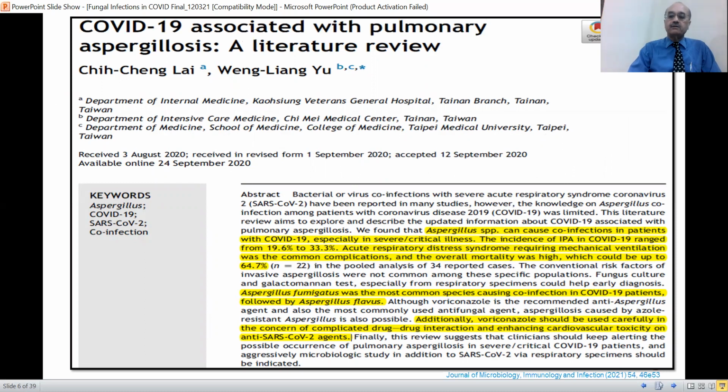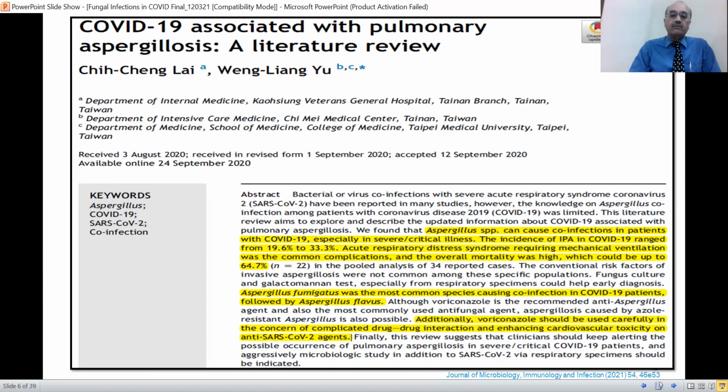It was found that Aspergillus species caused co-infections in patients with COVID-19, especially those who were severe or critically ill. The incidence of invasive pulmonary aspergillosis in these COVID-19 patients ranged from 20% to 33%. The variation in this incidence is probably because of the difficulty in coming to a firm diagnosis of aspergillosis, because of the nature of the diagnostic material required to make a firm diagnosis from these critically ill patients.